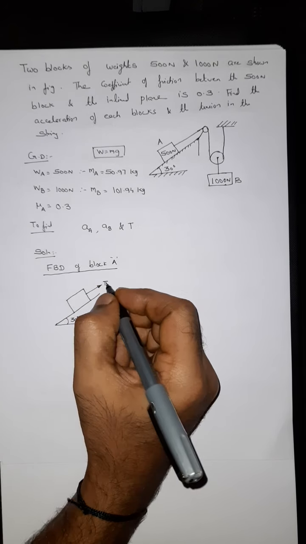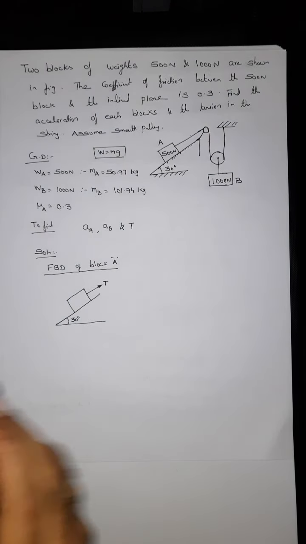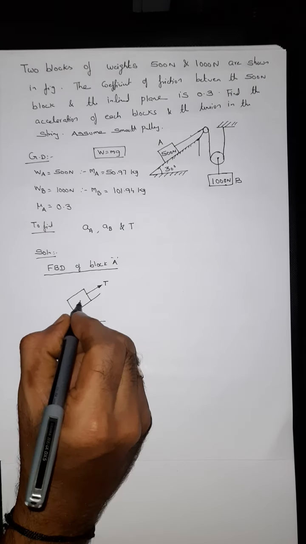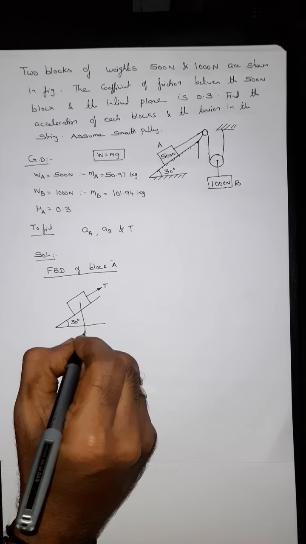Here one more point I missed out, that is assume smooth pulley. Therefore, there won't be any friction on this pulley, so the tension on this side and this side would be one and the same.